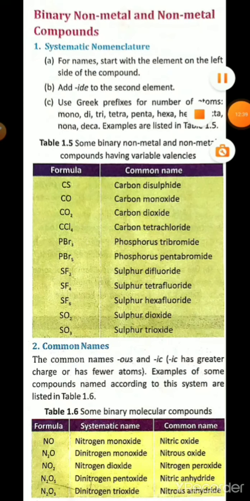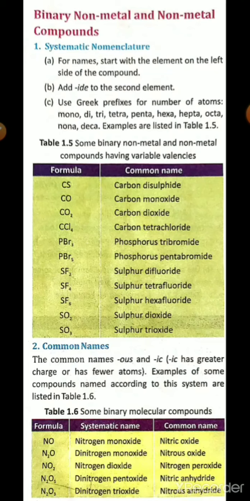Let us see some compounds according to the system, that is, this Greek prefix system. First one, NO, that is nitrogen monoxide, and the common name is nitric oxide. N2O, dinitrogen monoxide, that is nitrous oxide.